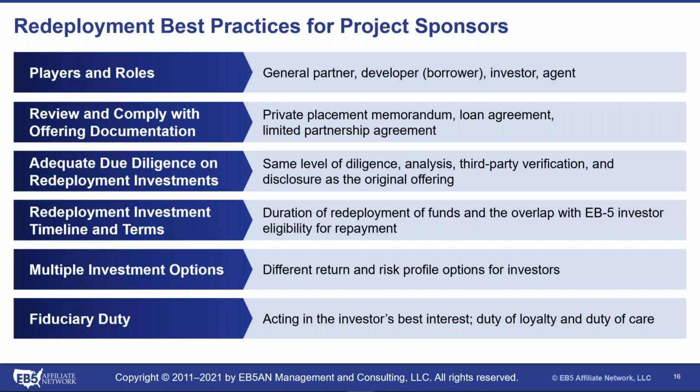Let's say one of those options is another loan with the same terms, same return structure, and same risk profile as the original loan. Or there's now also an equity option, which is going to pay a higher rate of return with more risk, but that's going to compensate investors for taking on that risk.